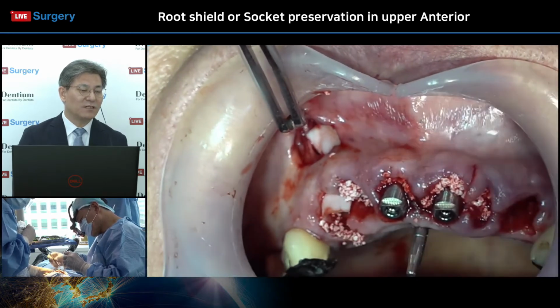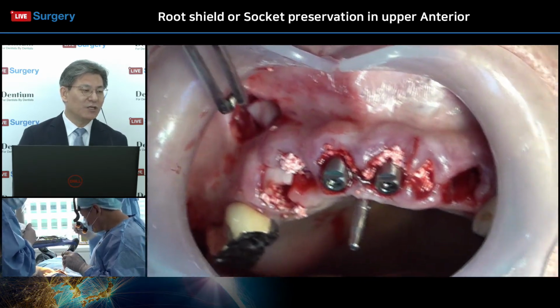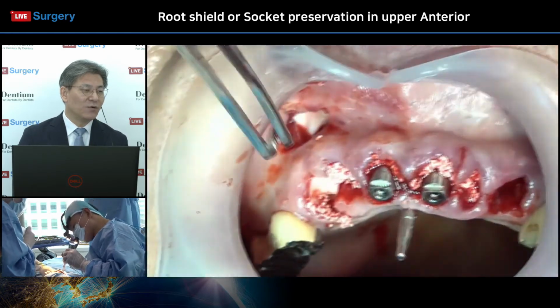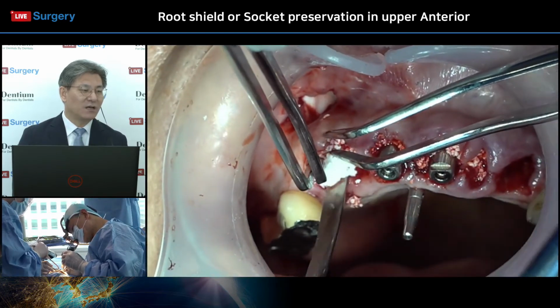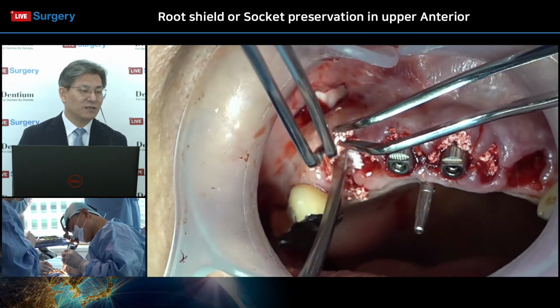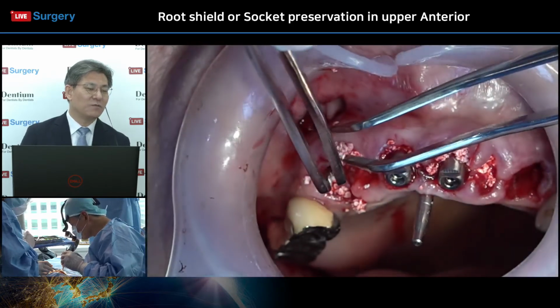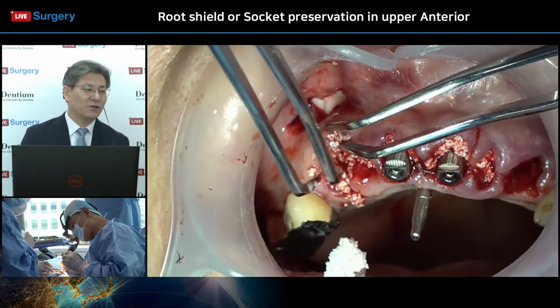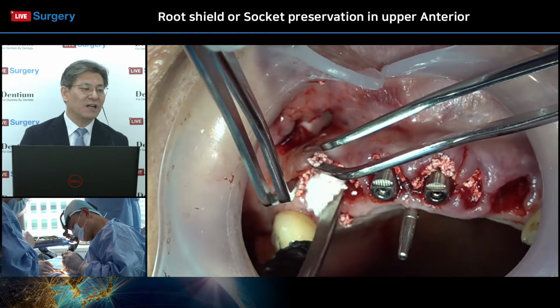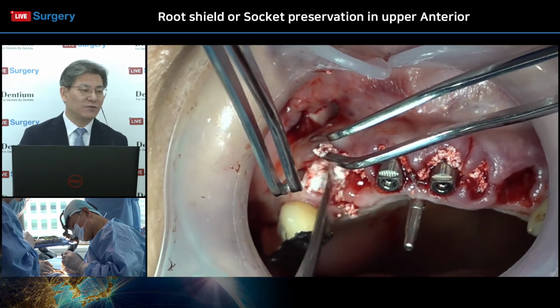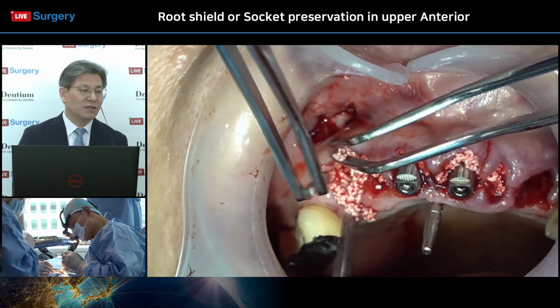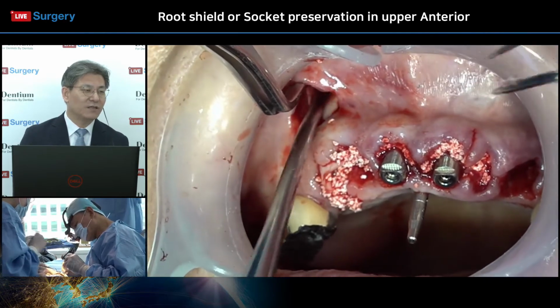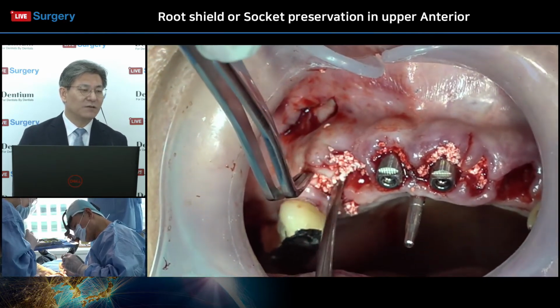So a long-lasting collagen membrane should be chosen when you have a big defect in the GBR situation, right? So I always choose Dentium collagen membrane. It is reliable for me for GBR procedures, and also easy to handle and stiff enough.